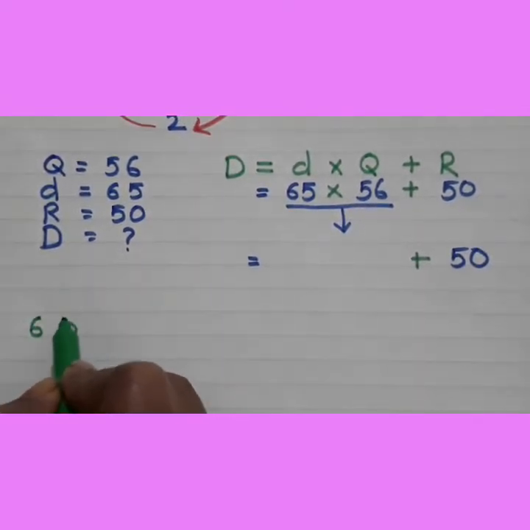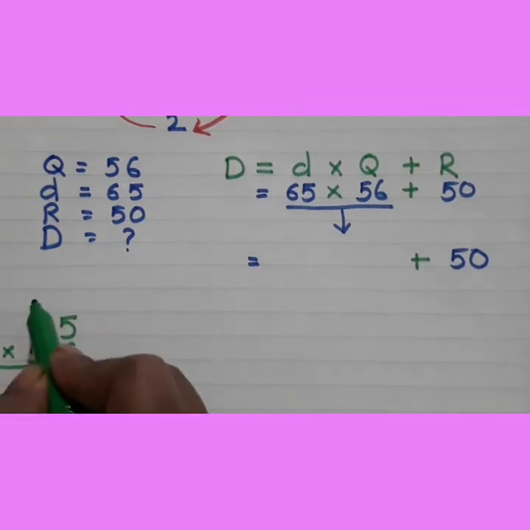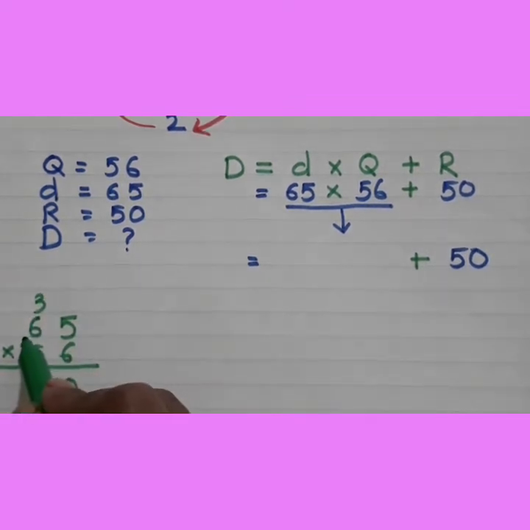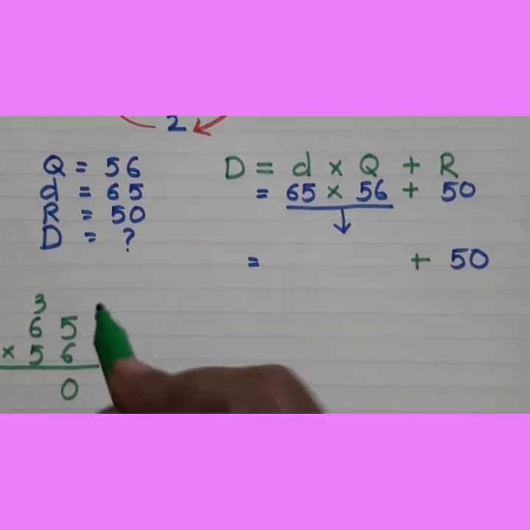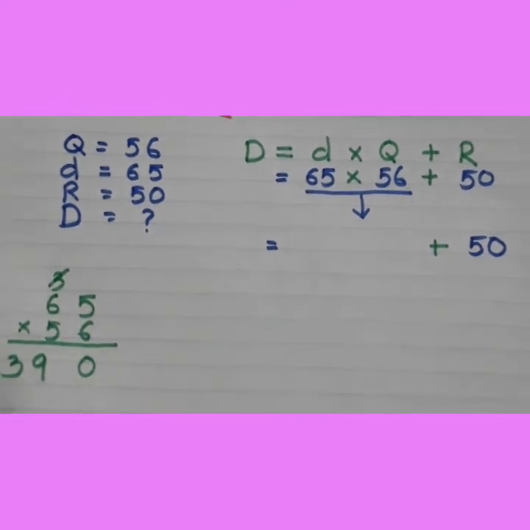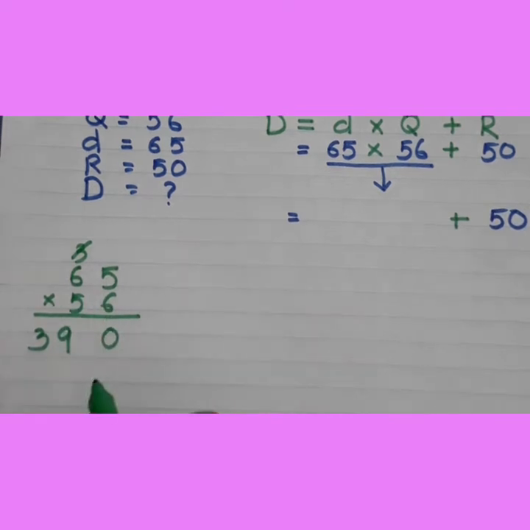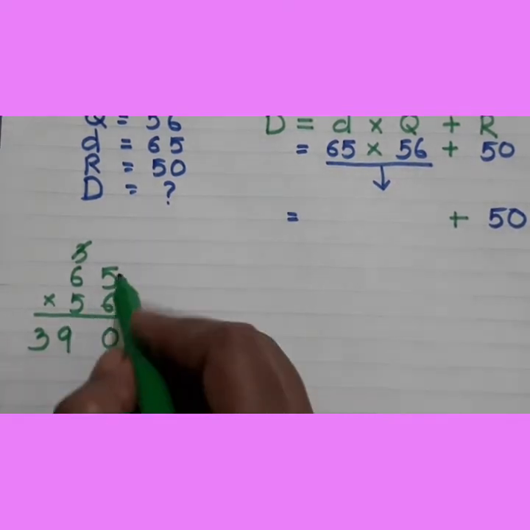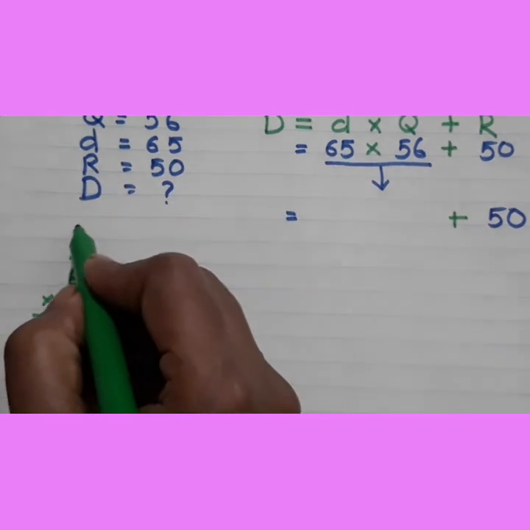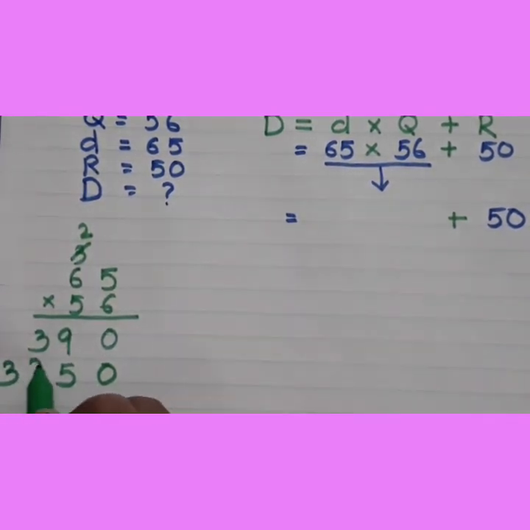65 multiplied by 56. So what's the answer? 5 sixes are 30. 0 carry 3. 6 sixes are 36. 36 plus 3 is how much, children? 37, 38 and 39. So this is used up. Now we are multiplying with a digit sitting at the tens place. So we have a 0 here. 5 fives are 25. 5 carry over 2. 5 sixes are 30 plus 2 is 32.